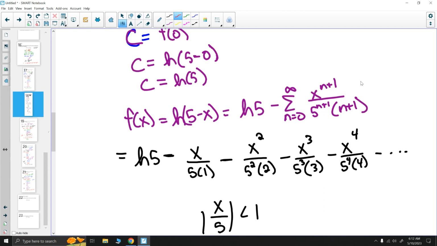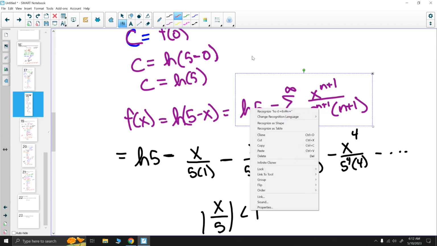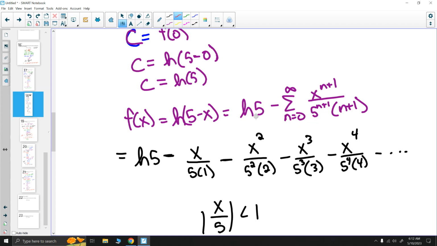So again, we would just increase the power, divide, and leave our constants the same. And then obviously integrating this as well, the integral of ln 5 would be ln 5 times x, and we'd also have a constant of integration again. But basically, we could easily integrate this as a power series, but I don't know how to integrate ln off the top of my head.